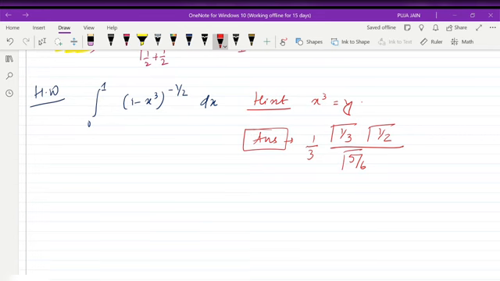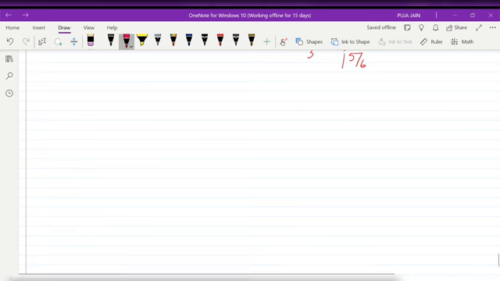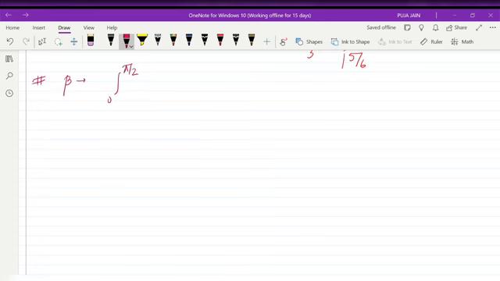Now next, another useful formula regarding the beta function is the integral from 0 to pi by 2. This we are getting by using the beta function. This type of integration is very common. We get this integration in a lot of problems.